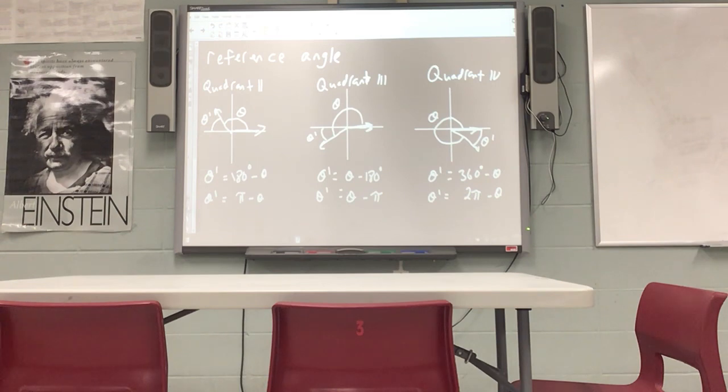On that first one, theta prime is equal to 180 minus theta.